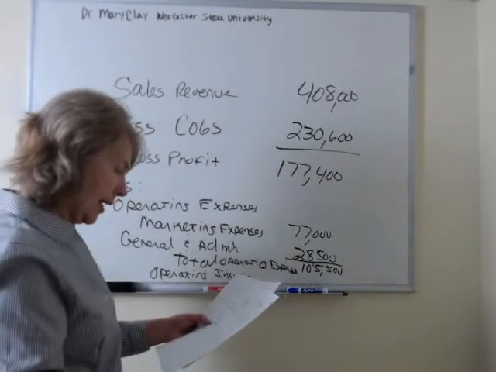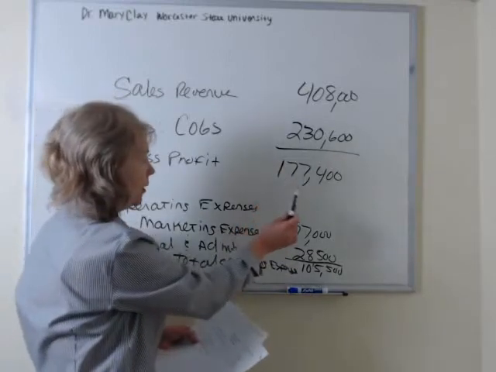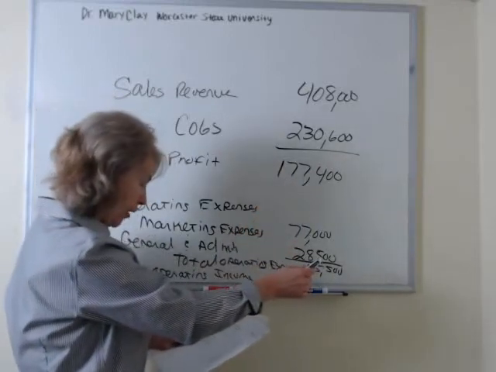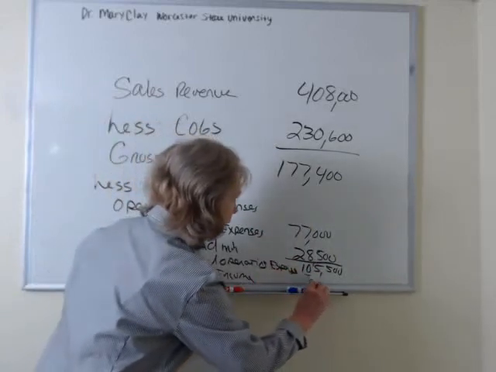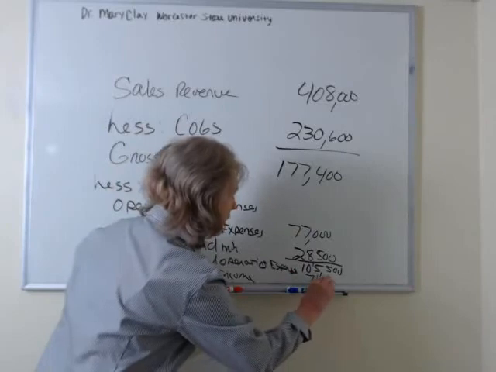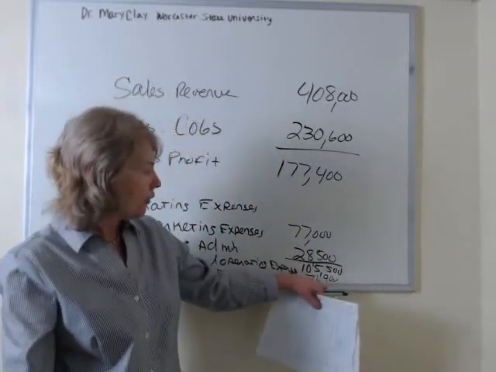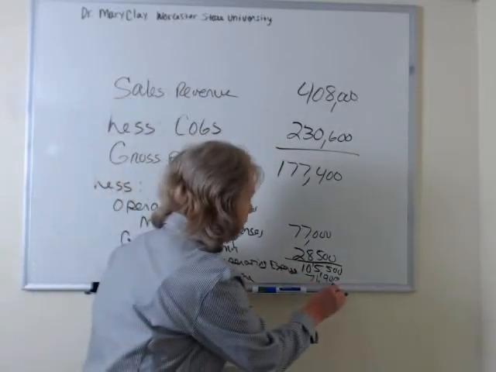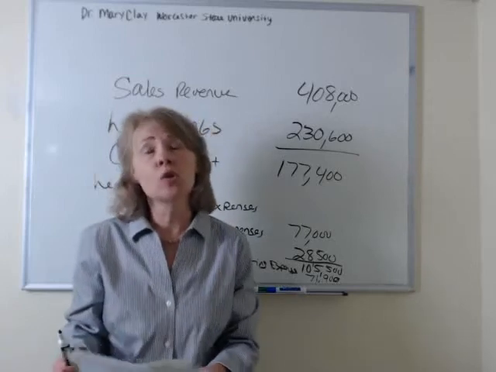Okay, operating income is going to be 177,400 minus 105,500, my operating expenses, which gives me 71,900. Okay, so your operating income is 71,900.